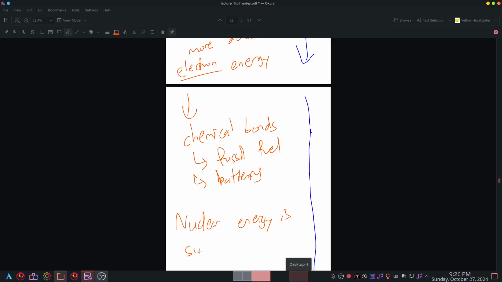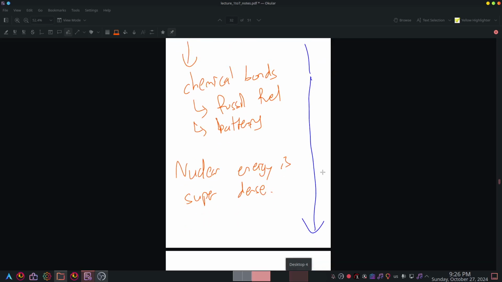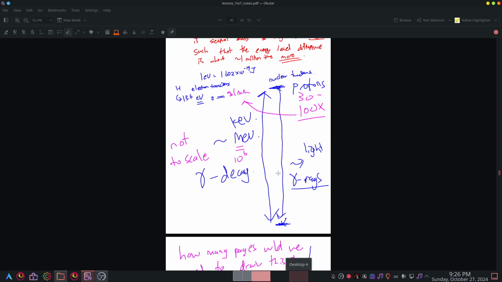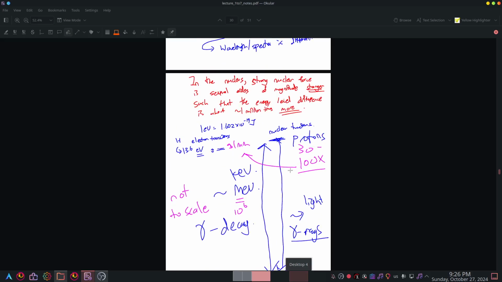And it's all because the strong nuclear force is that much stronger than electron forces or the electrostatic force, and that's why you have these effects going on. I just want to give you the idea of scale.